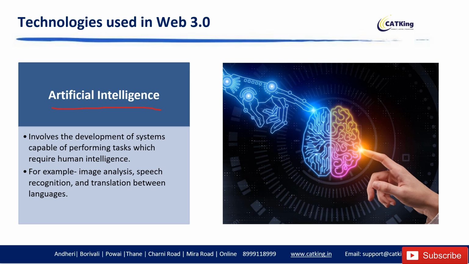So what they are trying to do is sideline human intelligence and put in artificial intelligence which can speed up the process and ensure more accuracy, right? For example, image analysis, speech recognition, translation between languages, all of this can be done through AI operated systems.